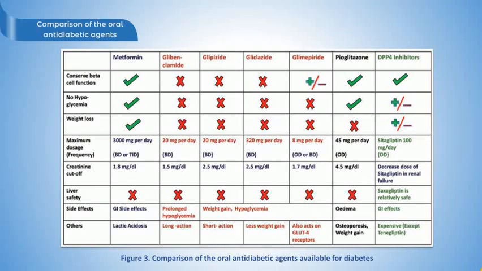As for the creatinine cutoff for glimepiride, it was 1.7 mg per deciliter. And the same as the other, it was not safe for the liver. As for the side effects of glimepiride, it's the same as glipizide and glycoside, which is weight gain and hypoglycemia.